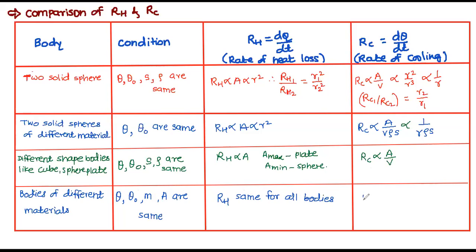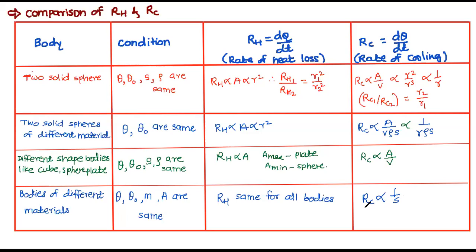And here the rate of cooling is inversely proportional to specific heat. You have to think about the specific heat. The one whose specific heat is more, its rate of cooling will be less, and the one whose specific heat is less, its rate of cooling will be more.